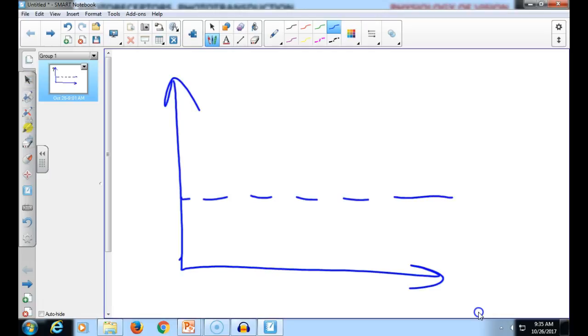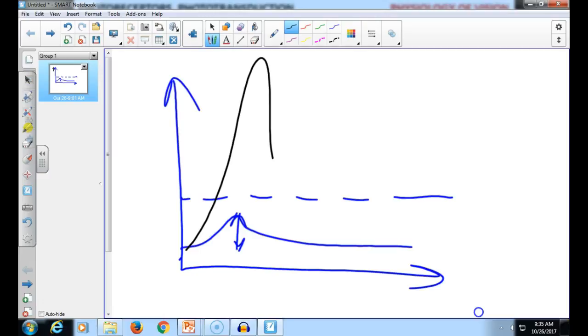If this is the threshold, remember, threshold for action potential, and you have one rod, it will produce, I'm hesitant to say, it's slightly different, but let's say a graded potential. When you have 100 graded potentials like this, by adding up, they will make an action potential. Does that make sense? Like 100 adding up.